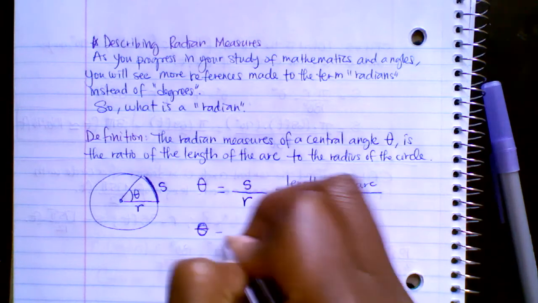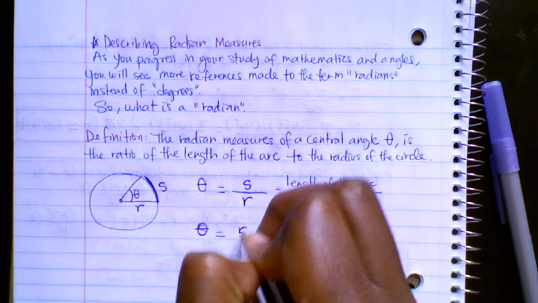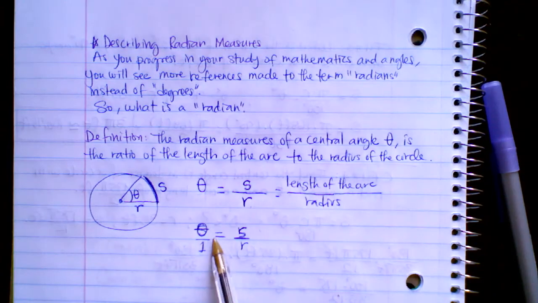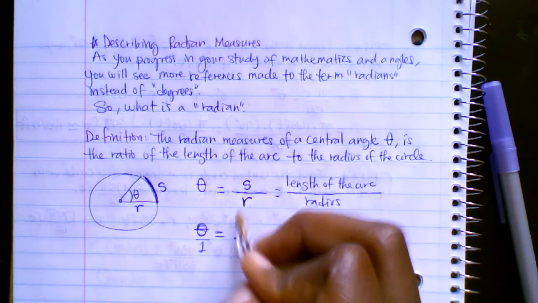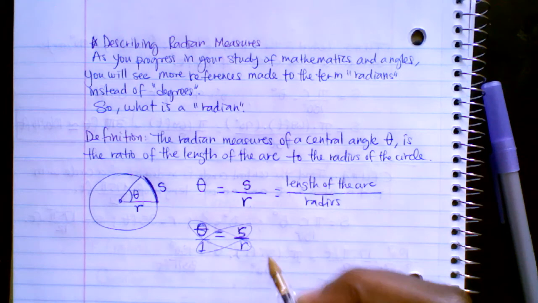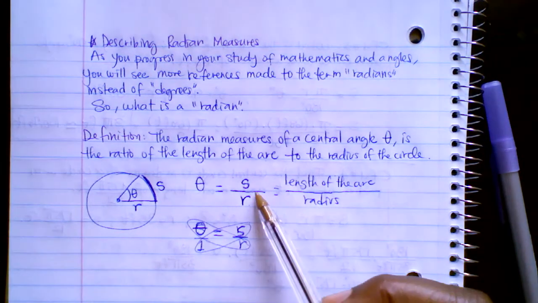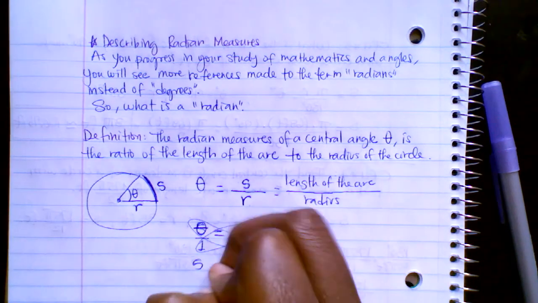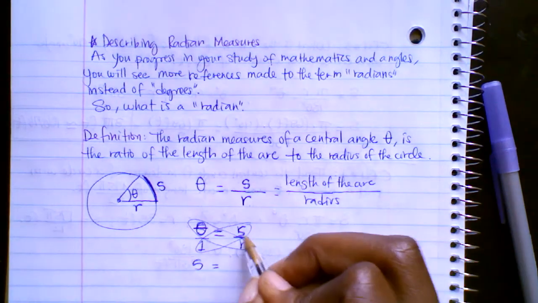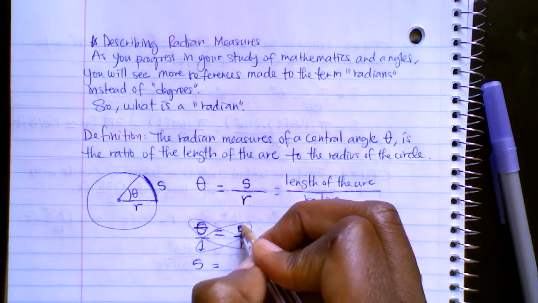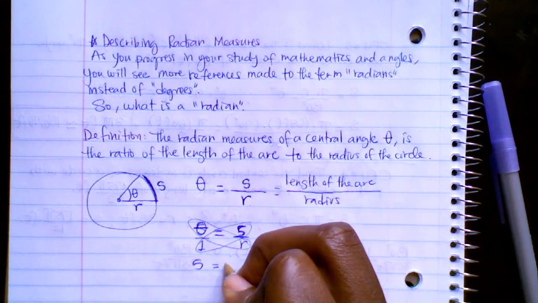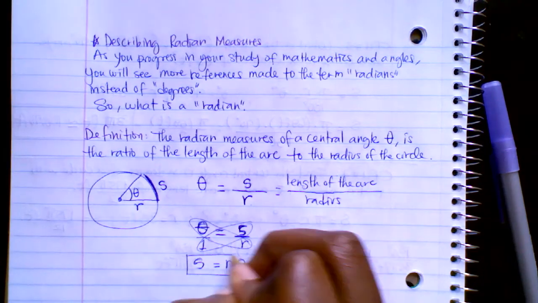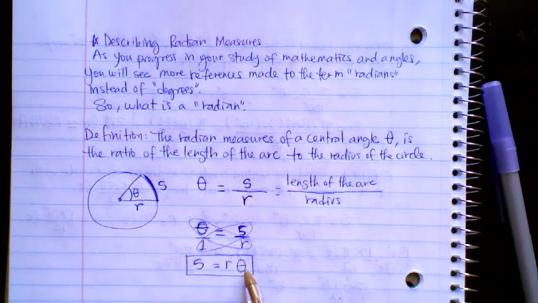Because you have two fractions separated by the equal sign, you can cross multiply, or multiply both sides by R, and you end up with S, the arc length, equal to R times theta.